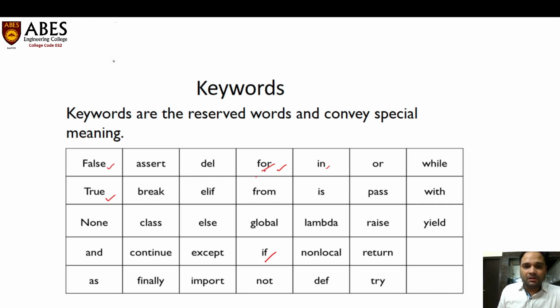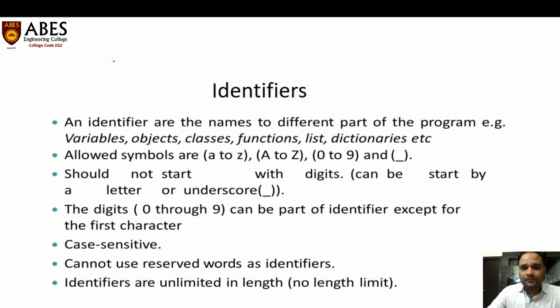As we proceed in Python, we will use these keywords in different fashions. But now in a basic class, you must understand the meaning of keywords: they have a very special meaning, they have some restrictions, and they are reserved words. We cannot use these keywords as they are for some other names inside our Python programming.